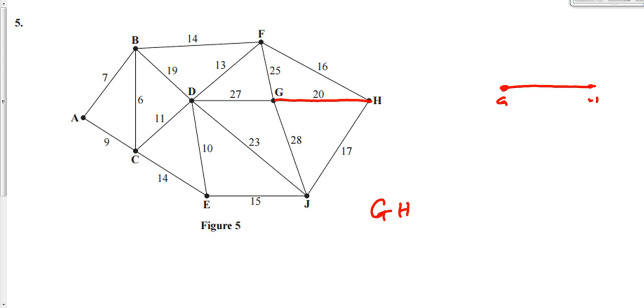And the shortest one that's connected to either G or H is FH. So that's going to be the next one. The next one that's connected to that is DF, which is 13. The next one is DE, which is 10. The next one after this is CD.